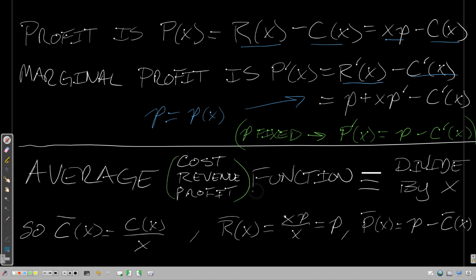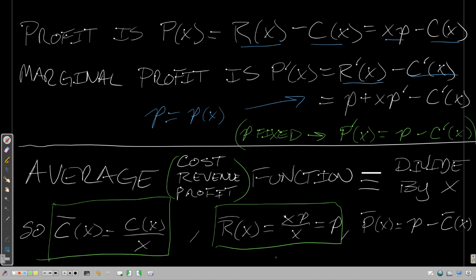The average functions, average cost, average revenue, average profit, you divide by x. So then average cost, C of x over x. Average revenue is the price.